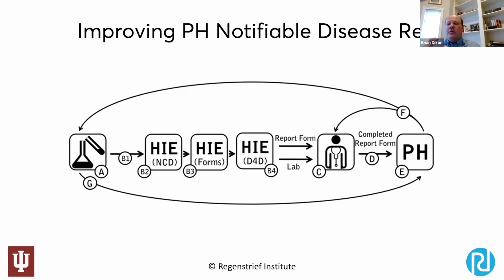The forms that we generate could be delivered using that part of the HIE directly to the clinicians. The goal would be to detect a new case using laboratory data, generate the forms, provide that to the physician, have them complete that report, and make sure it gets to public health, ideally efficiently and electronically.